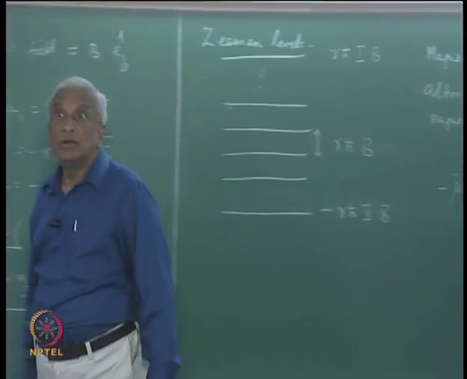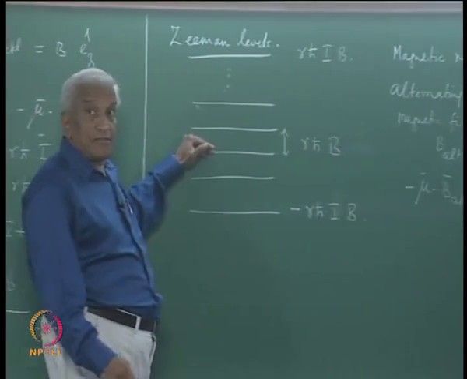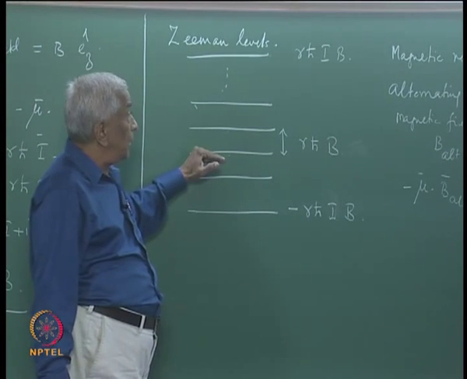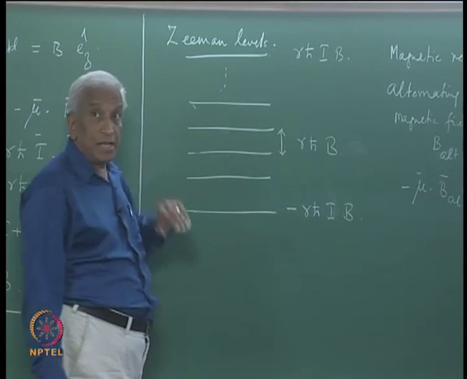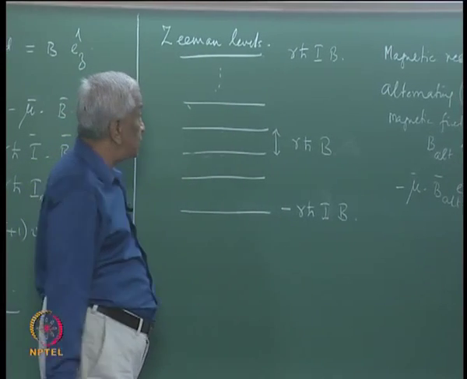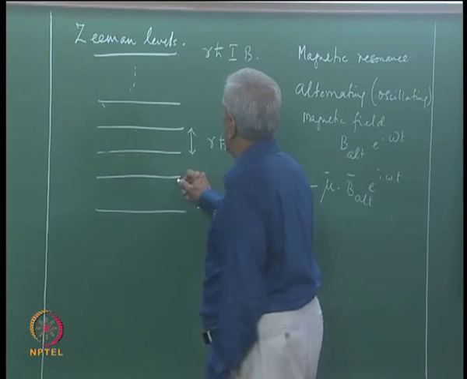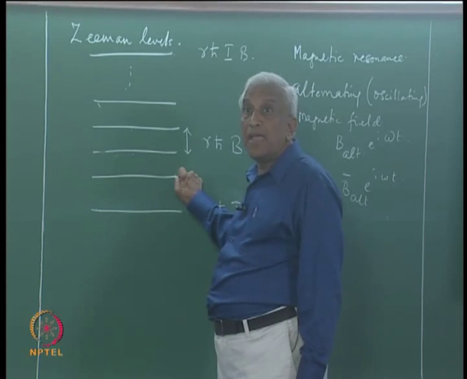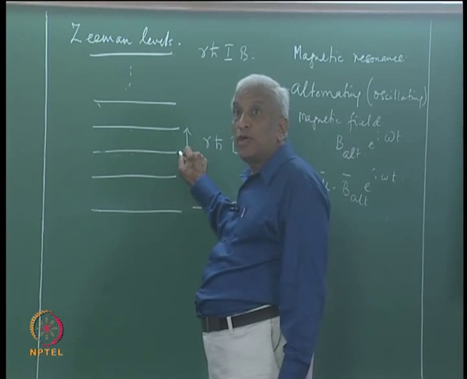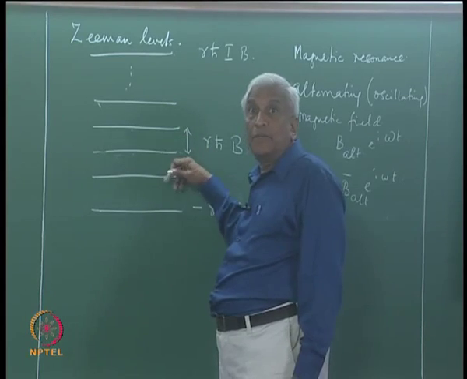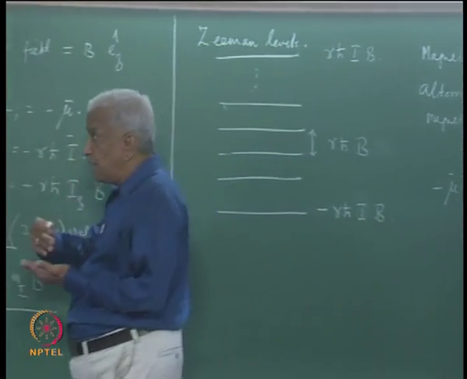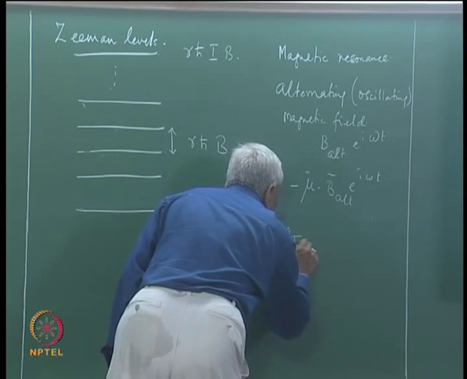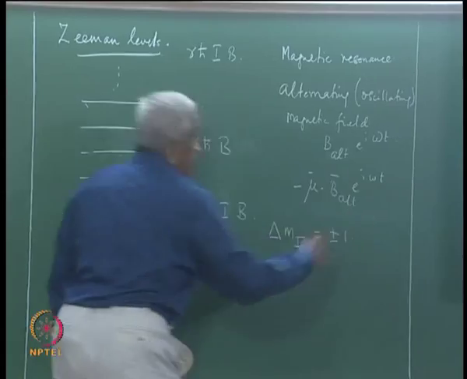And therefore, if we want to couple adjacent levels, the only way there can be a non-zero transition probability between adjacent levels is to induce transitions between some m_I value state here, and an m_I plus 1 state here, or vice versa. Therefore, you have to have a change in the magnetic quantum number delta m_I of plus or minus 1.